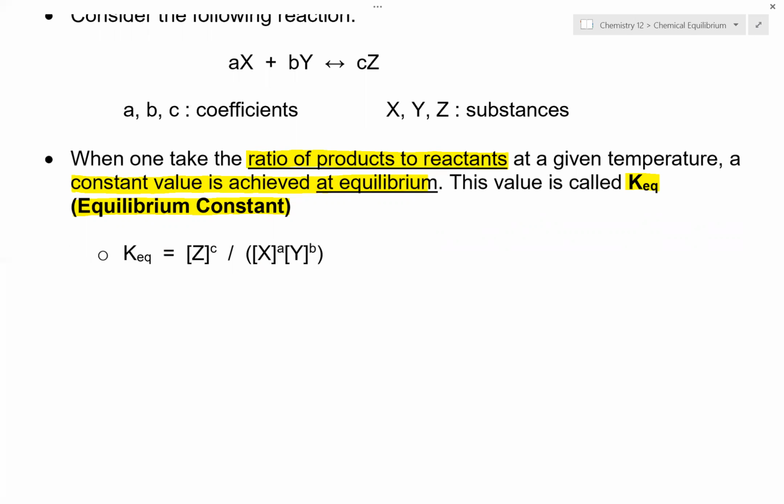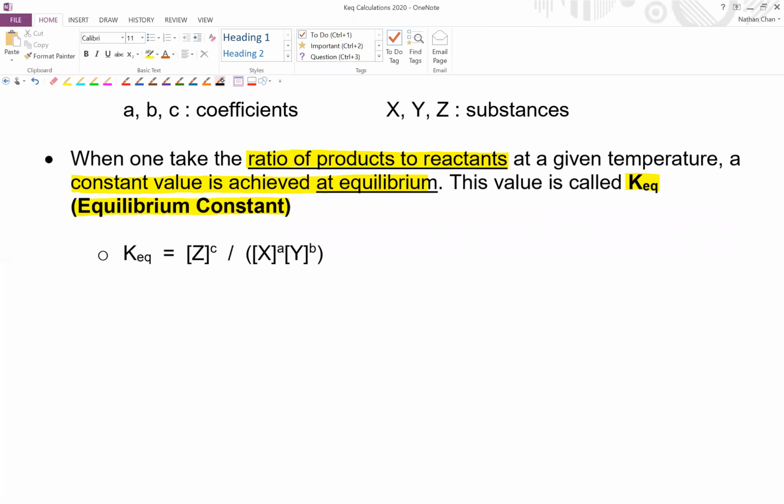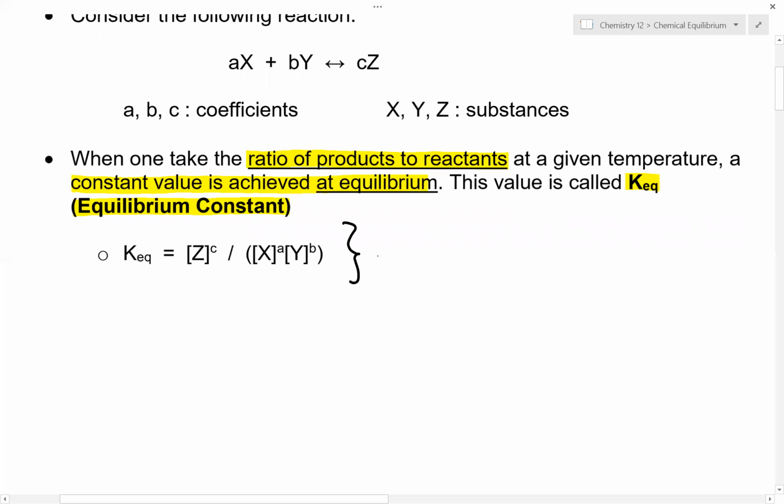So simplistically, you could think of KEQ as just the concentration of your products divided by the concentration of the reactants.